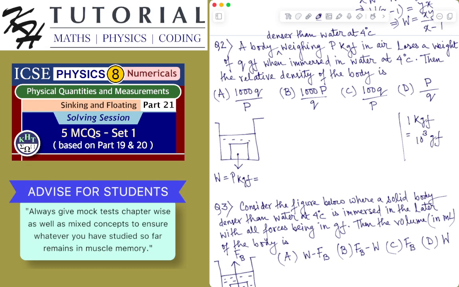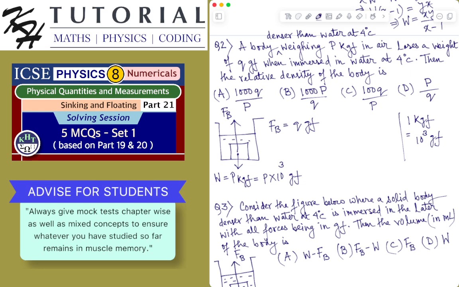So P kgf is equal to P multiplied by 10 to the power 3 gf. Okay, and we have the buoyant force acting vertically upwards, which is also the loss in weight of the body in water at 4 degrees centigrade. So in the problem it is given that FB is equal to Q gf.